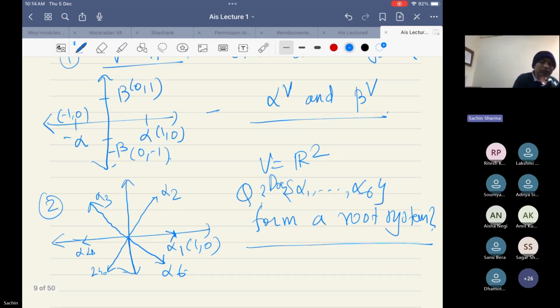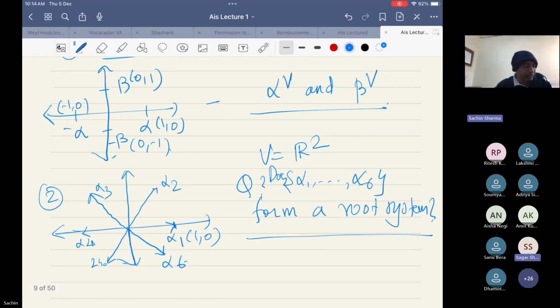Yes. Why? Why is it so? No, this is not a root system. These are not any roots actually, by the way. This would not be a root system. No, this is not actually.